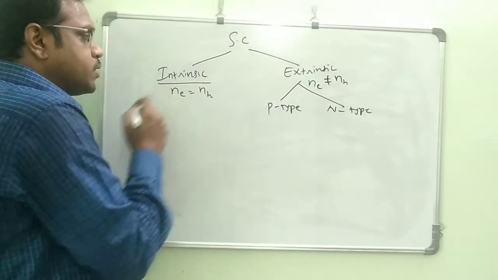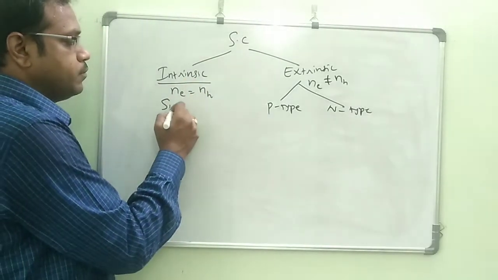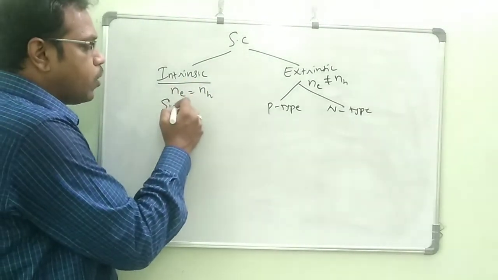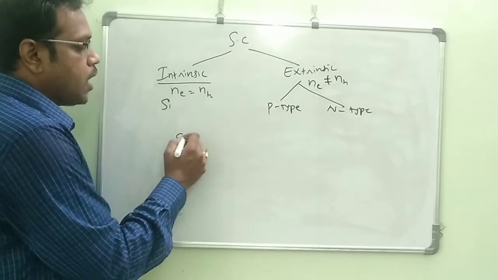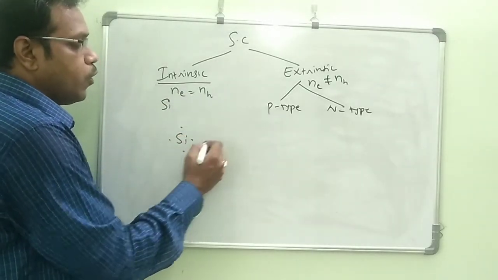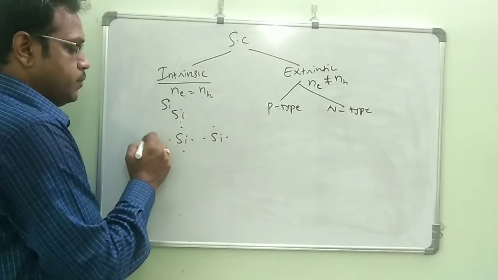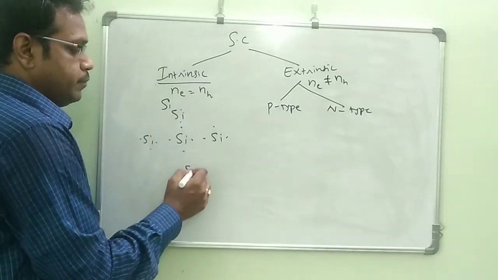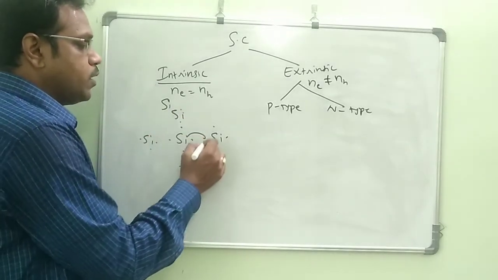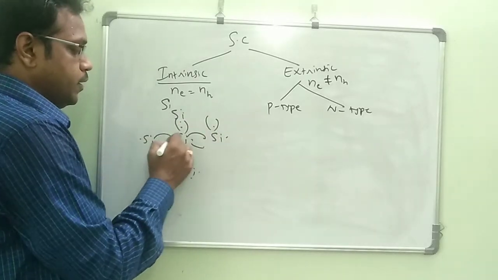Suppose we see now an intrinsic semiconductor, an example is silicon, and in this silicon the last 4 electrons form the covalent bonds. These are all covalent bonds. Roughly I am drawing here, and all these will share the covalent bonds.